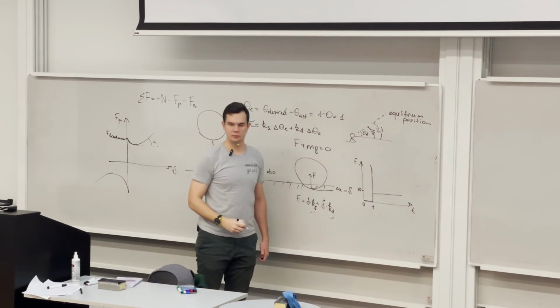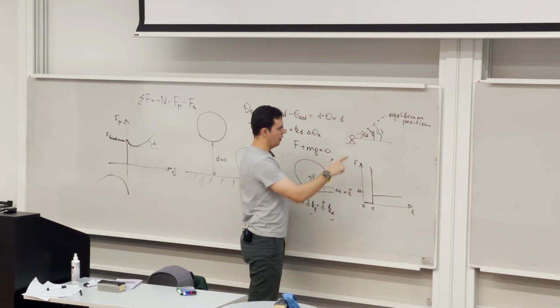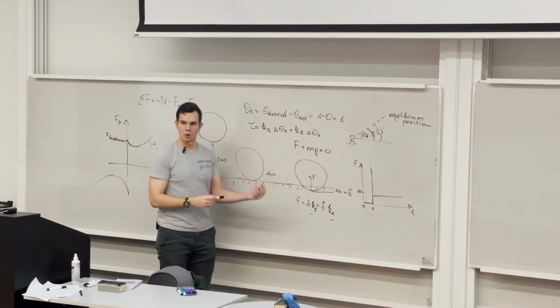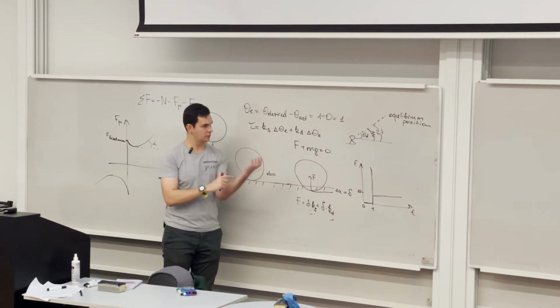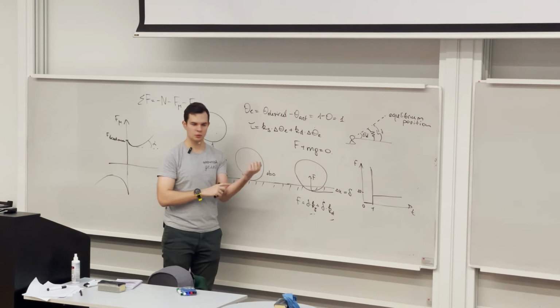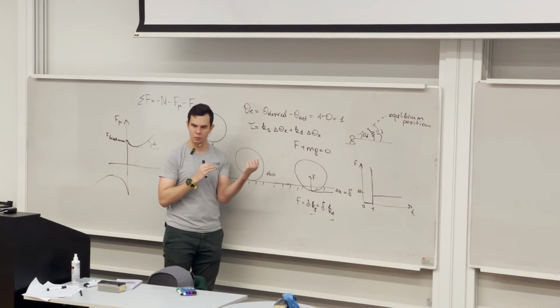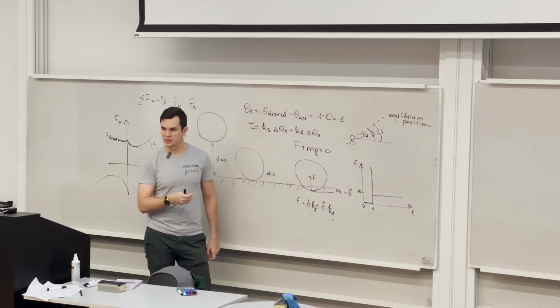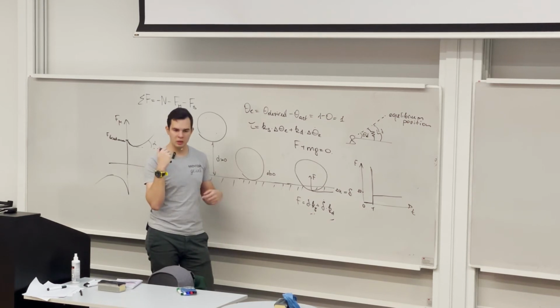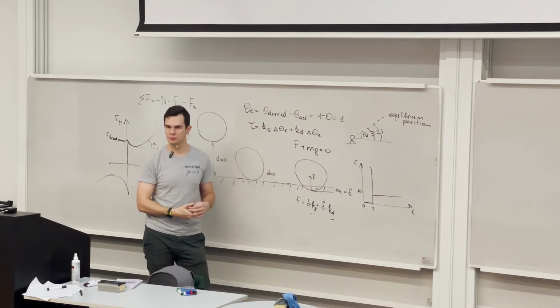Okay? And a bad controller will behave like this. A good controller will behave like this, without overshooting and without steady state error, and it will do this very fast.